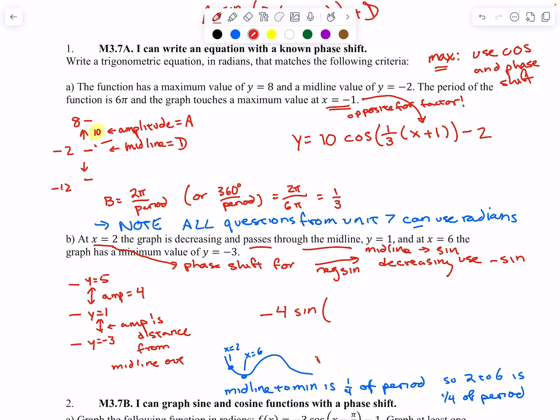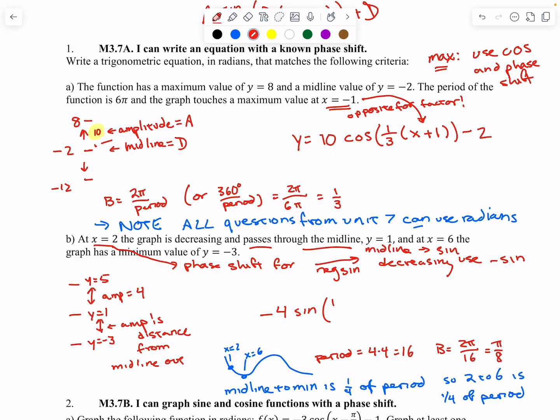So the period is, let's see, 2 to 6 is 4, but that's not what goes in for b. Remember, b is 2 pi over the period.